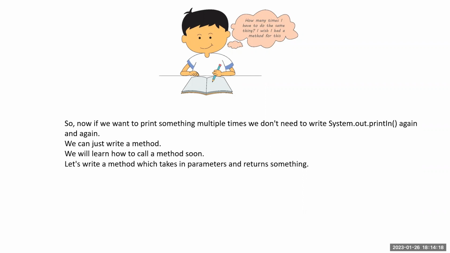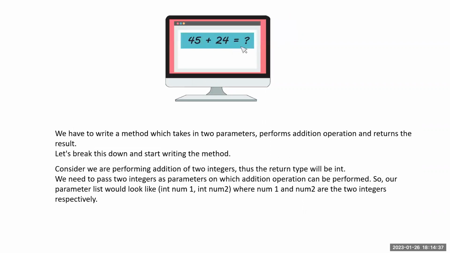So till now, what you learned is how to write a method with parameters, and without a parameter. So what is the syntax of that method? Let's write one small example. I'm going to write a small program which takes two integers and gives the output of adding those two numbers.